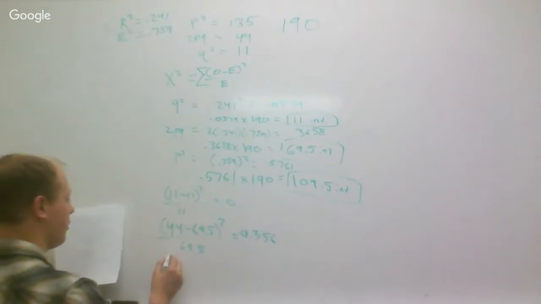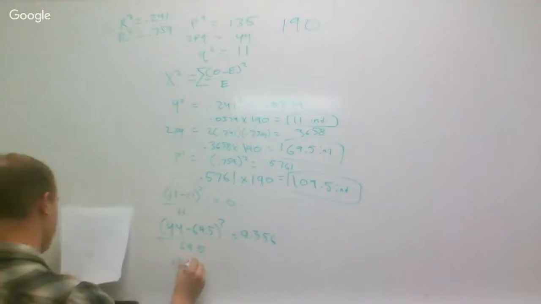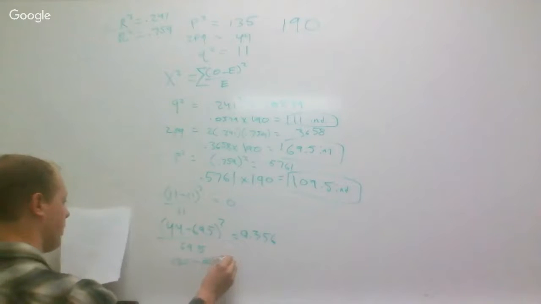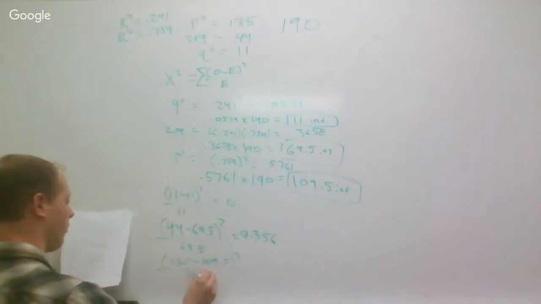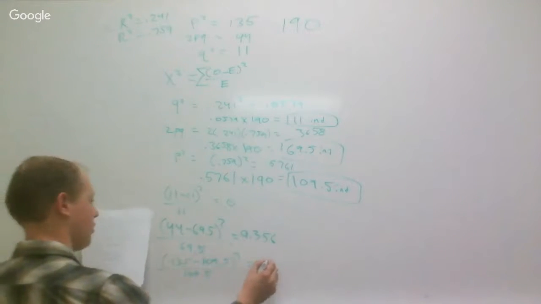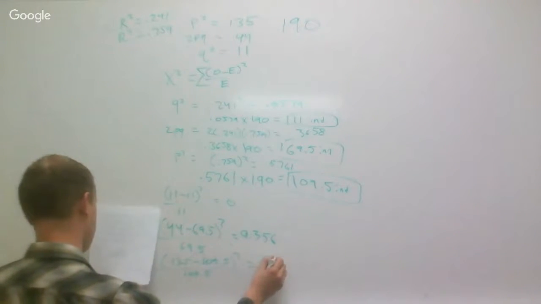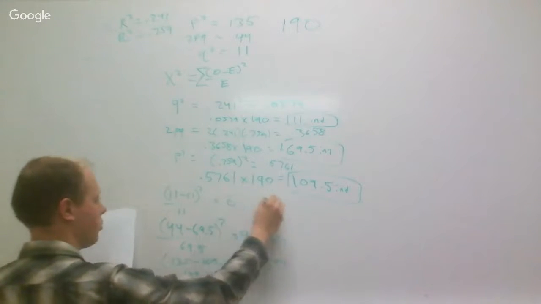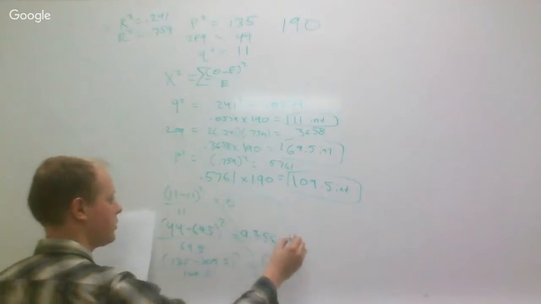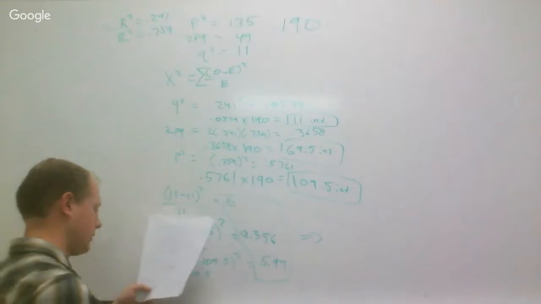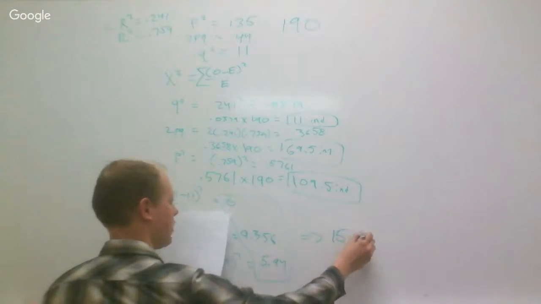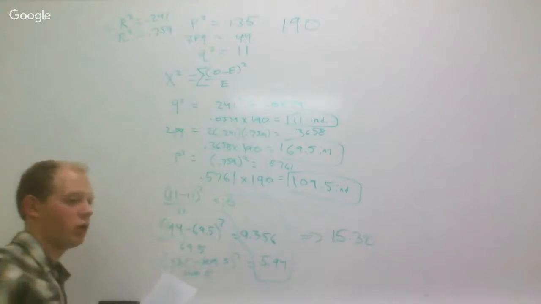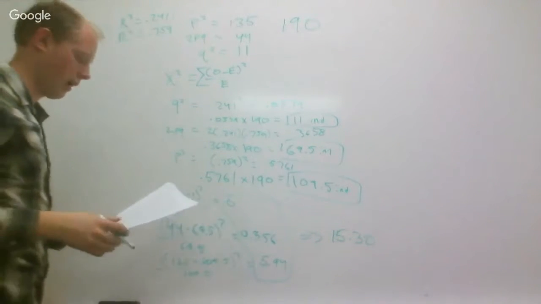Finally, we have our p squared, which is 135 minus 109.5 squared over 109.5, and that equals 5.94. So we'll take the sum of all of these numbers, and that gets us a chi-squared value of 15.30.